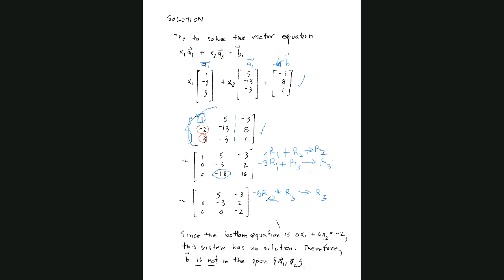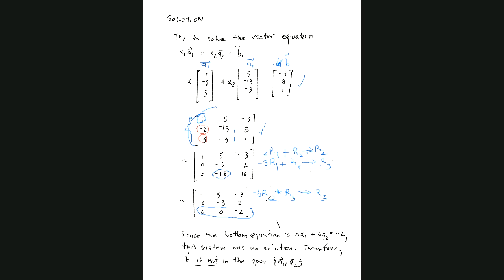And Binyam is right. Look at the third row now. Remember, every row in an augmented matrix is an equation. So what's that bottom equation going to be?